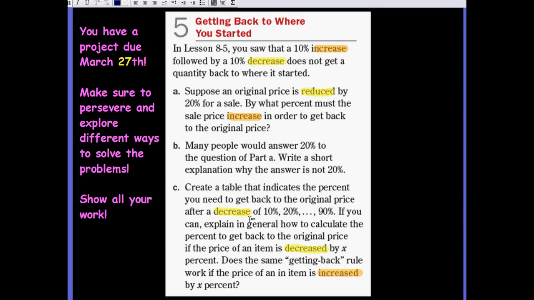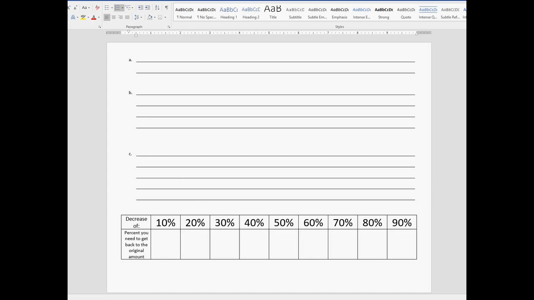What I showed you for question A. So you're supposed to be filling out a table and filling out if you decrease a price by 10%, how much must you increase it by in order to get back to that original amount. So you actually had an answer sheet that I handed out, which should look like this. And we had these numbers up here, how much you decrease by.